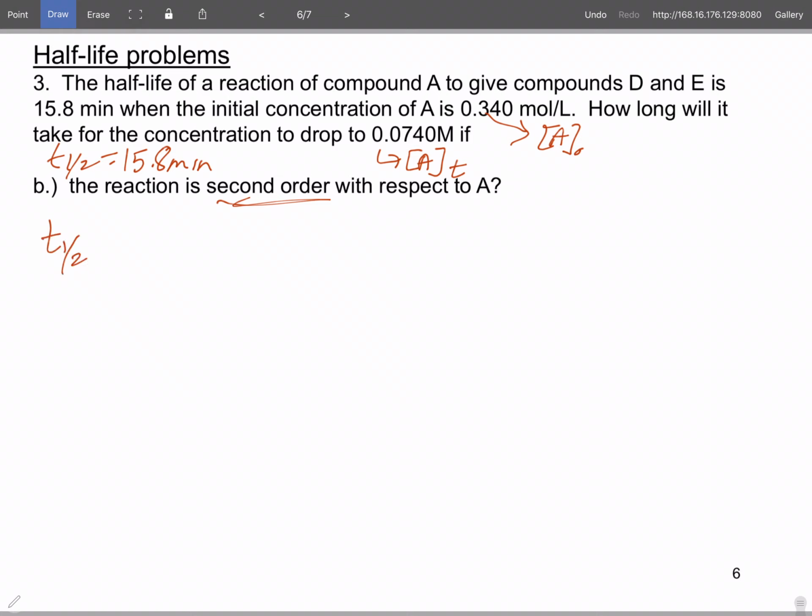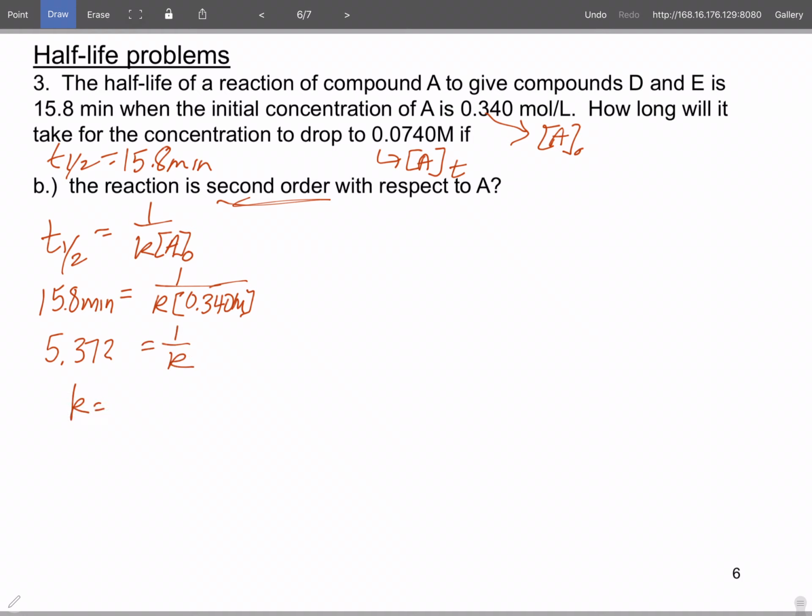So t1/2 for second order is 1 over k A sub 0. So that means 15.8 minutes is equal to 1 divided by k times 0.340 molar. So you have 5.372 is equal to 1 over k.